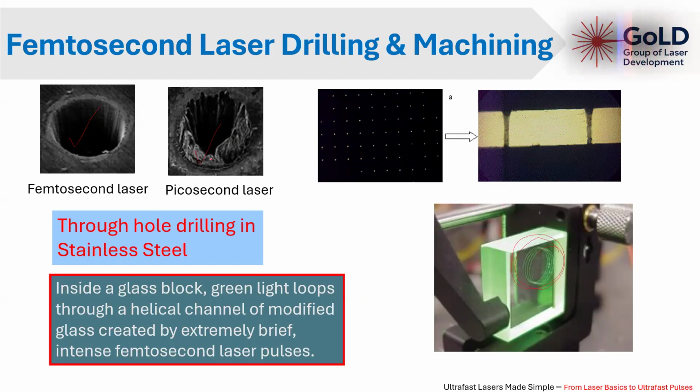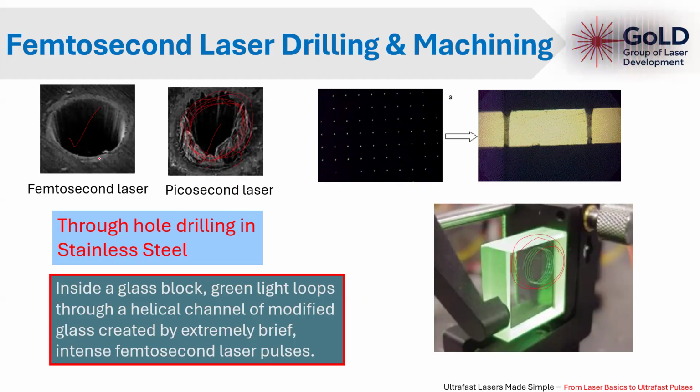Because of the extra heat of the picosecond pulses, the hole is not very fine. You can see the other parts around it which are not needed, so it's not a clean hole.